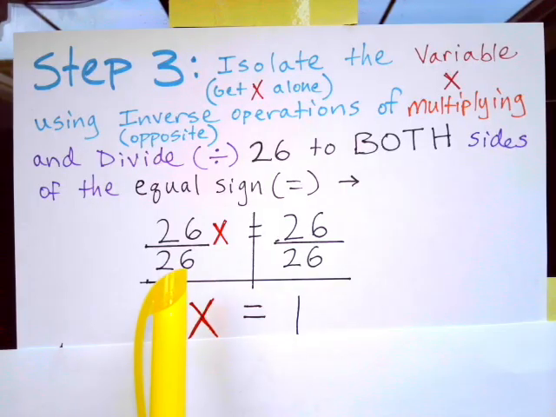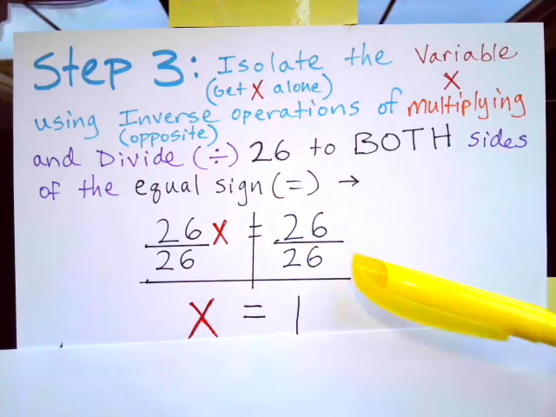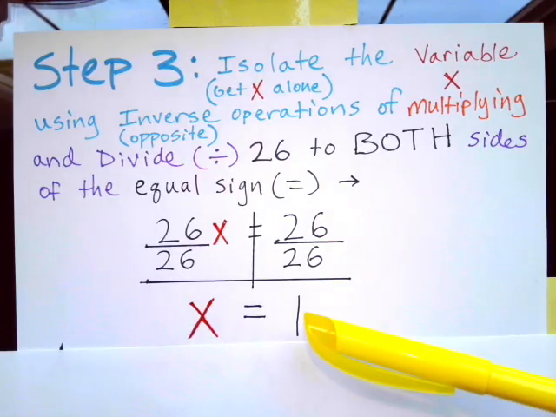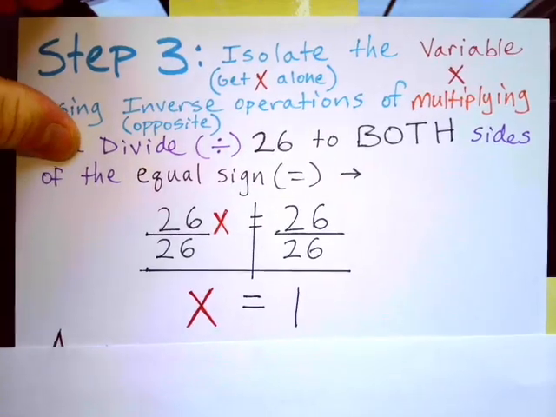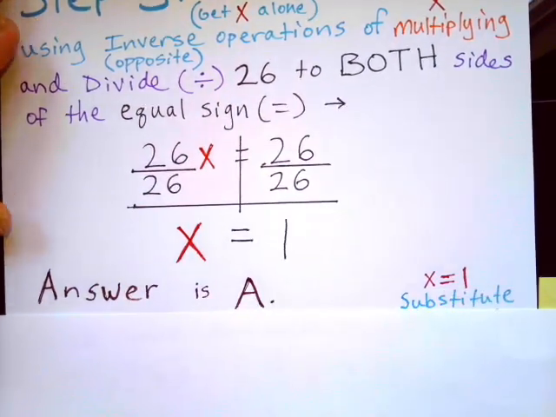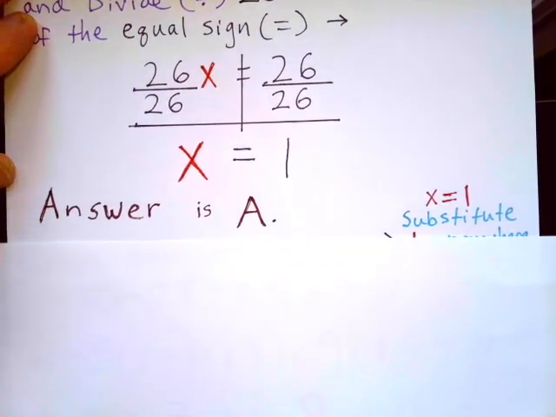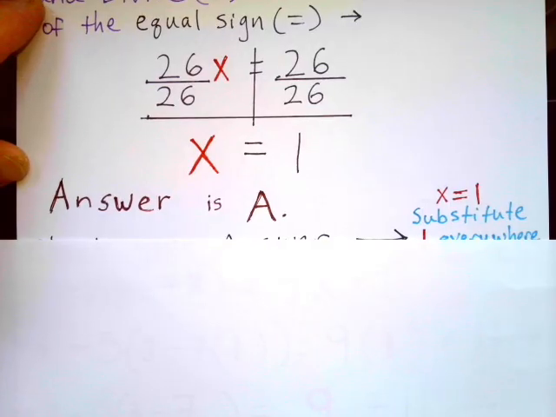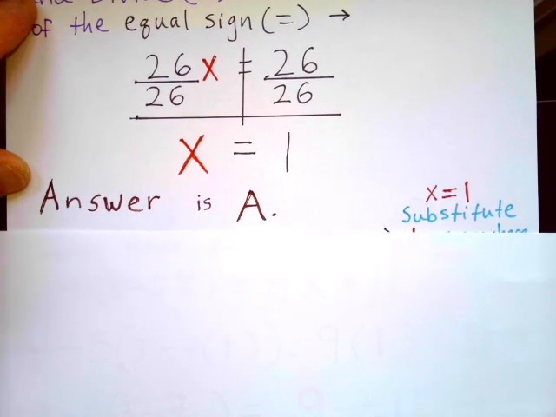And again, what you do to the left side of the equal sign, you've got to do to the right side. And 26 over 26 is 1. So what does x equal? X equals 1, right? And so your answer is A. A would be the answer for this particular problem because x equals 1.